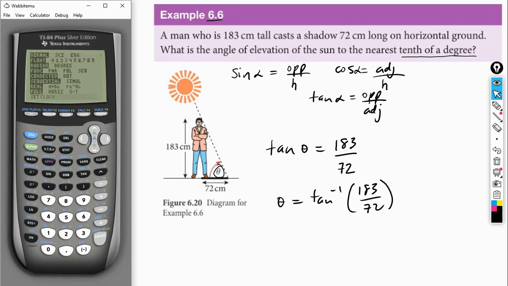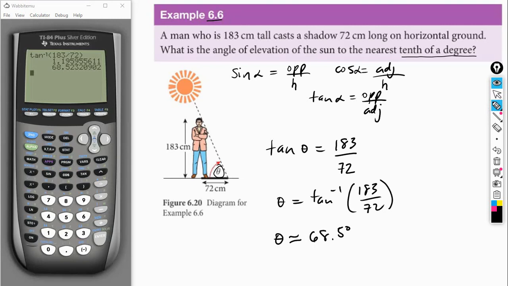So we go to mode and notice that the third line says radian, but we need degrees. So hit enter there. And let's second mode, that's quit. It takes us back to that screen, and I just hit enter. And that gives us the measurement in degrees. So notice that that means that theta is approximately 68.5 degrees rounded to the nearest tenth of a degree.